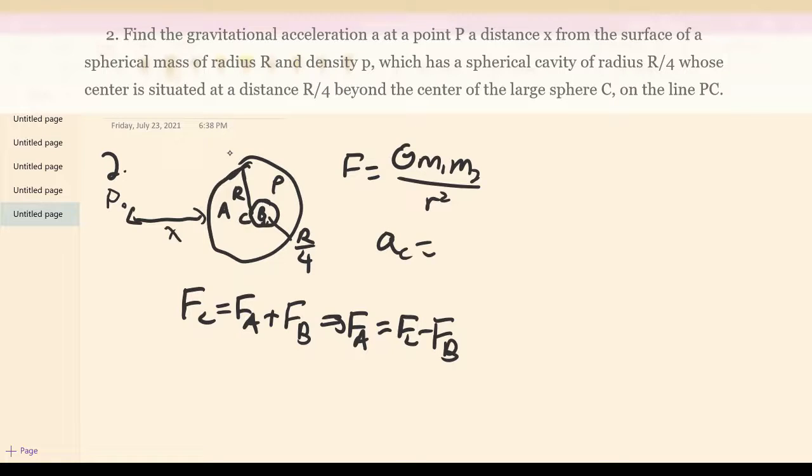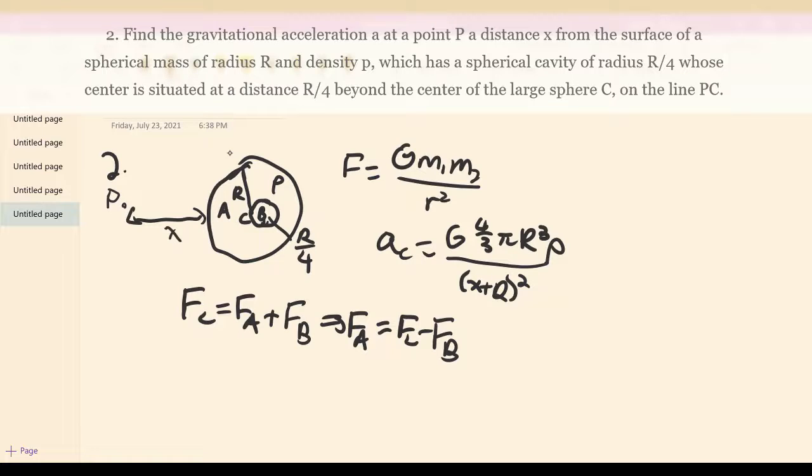AC is equal to G, and then the mass of the entire sphere, which would be 4/3 pi r cubed times rho, over the distance, which is x plus r squared. In this case, it's x plus r because this distance has to be to the center of mass.